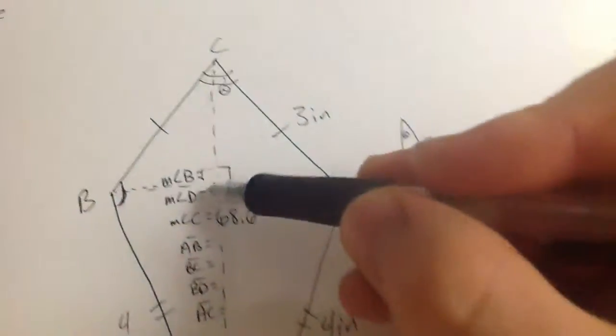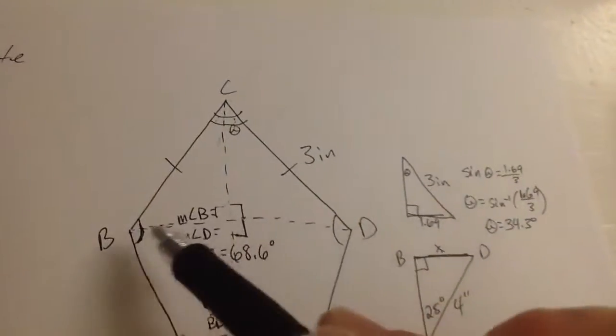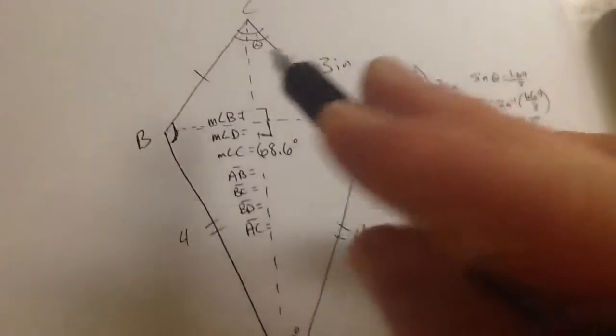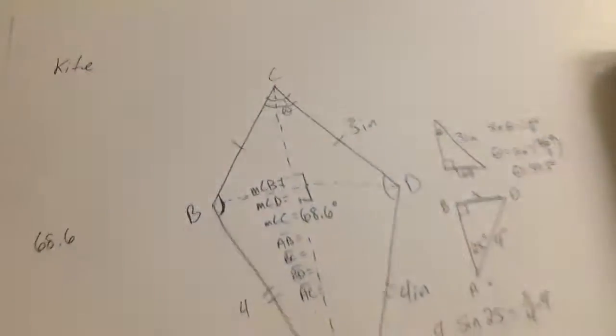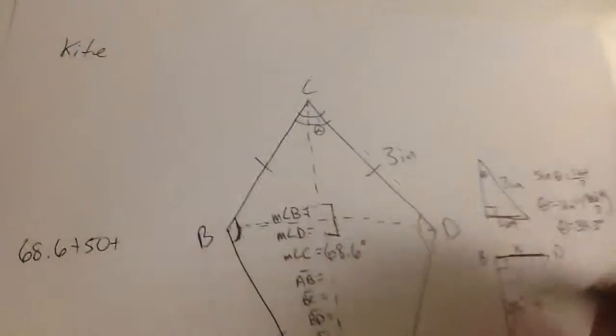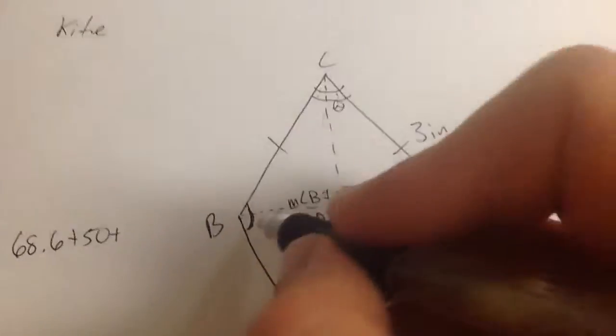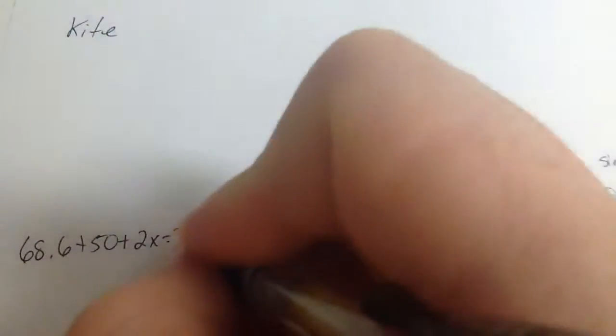Now I can actually get the other two angles. If I know this one, I know those two are the same, and I also know for a quadrilateral, all of the angles add up to 360 if you add them all together. So if I take this angle, my 68.6 plus down here my 50 plus this one plus this one, let's call it x, but there's two of them, so plus 2x will equal 360, and just solve that.